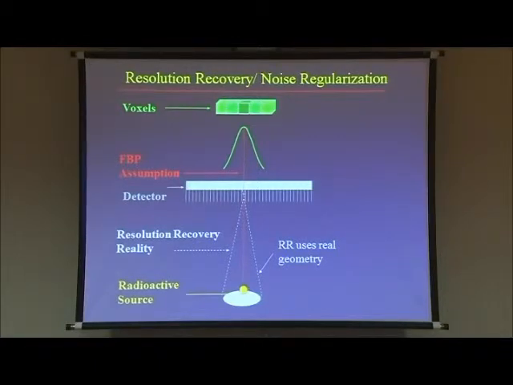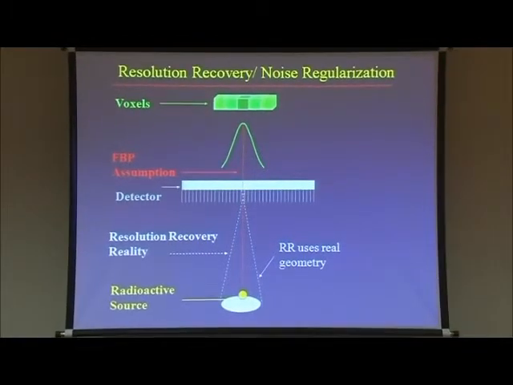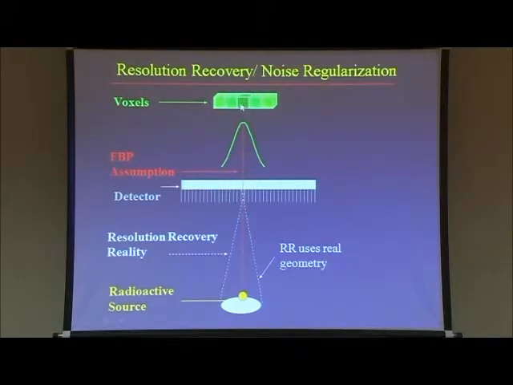But this is a lot truer: reconstruction where it's modeling the physics of the system. In filtered back projection, for example, if you're looking at counts in voxels, and you get so many counts in this voxel, the reconstruction algorithm back projects those counts through three-dimensional space, with the assumption that they came from a radioactive point source over here.